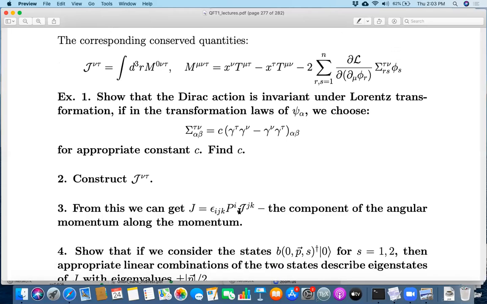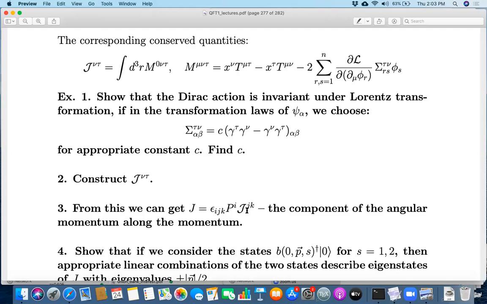Remember that epsilon ijk jjk is basically the angular momentum along the ith direction. And you are taking the inner product of that with P. So epsilon ijk pi jjk basically means that you are taking the component of the angular momentum along the momentum. And this we normally do, as we had discussed even for the photons.